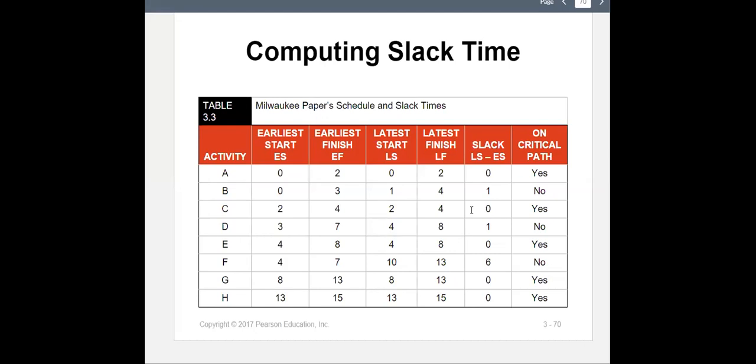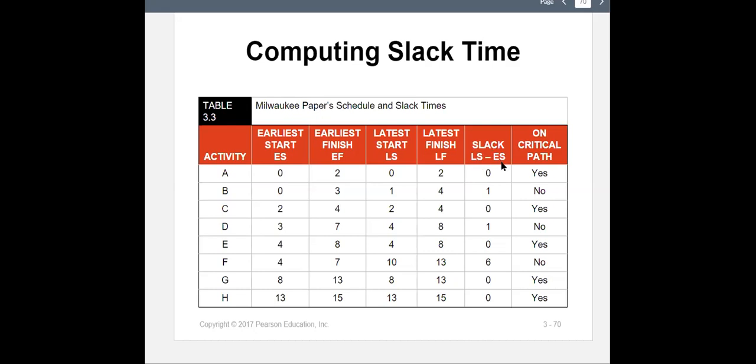We can see those slack times that are zeros. That means that task, for example here A, has no flexibility, so it's a critical task. Is it on the critical path? Yes. Why? Because the slack time is 0.